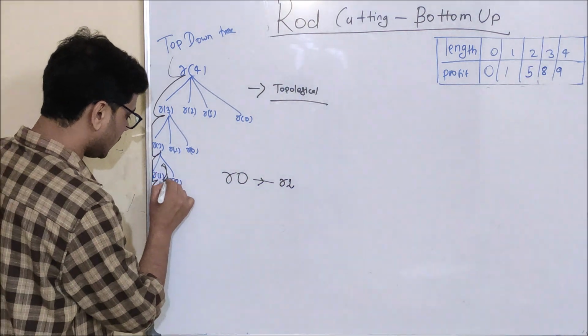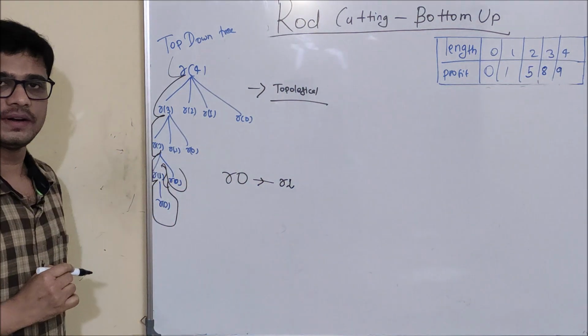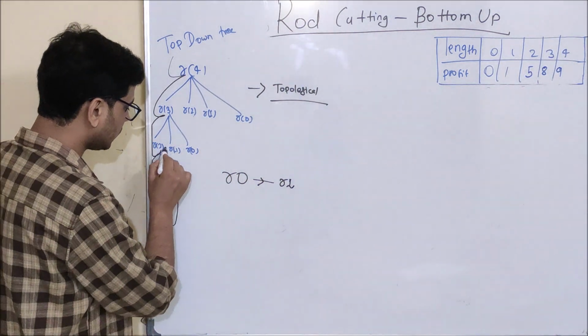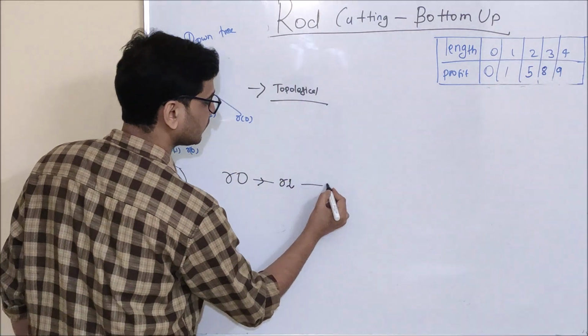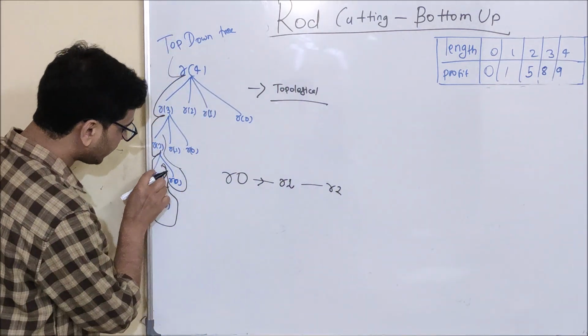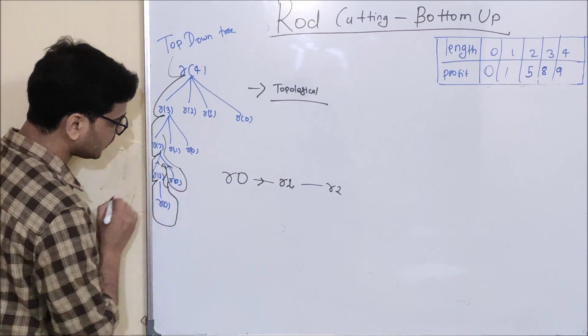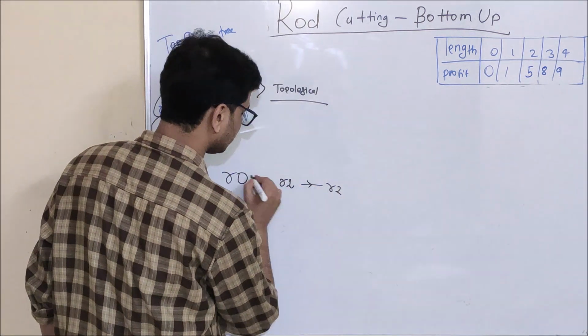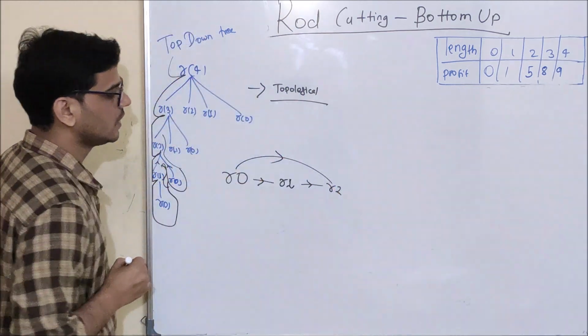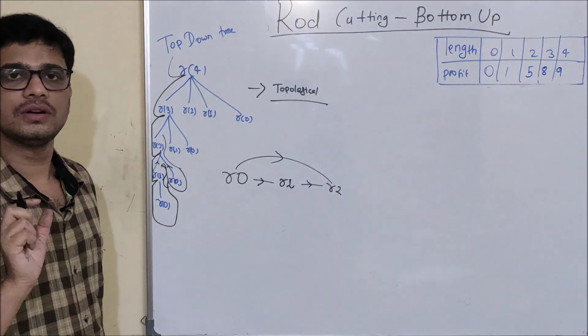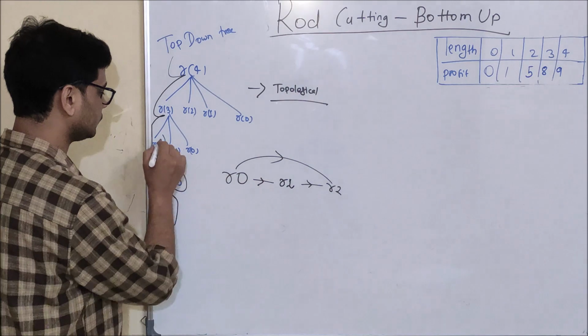Now after that R0 is returning and R2 is returning, and R2 is taking the help of R1 and R0 for its answer. That is, R2 is dependent on R1 and R0.